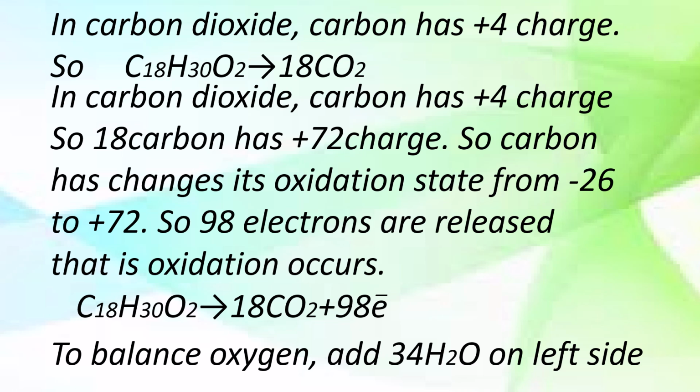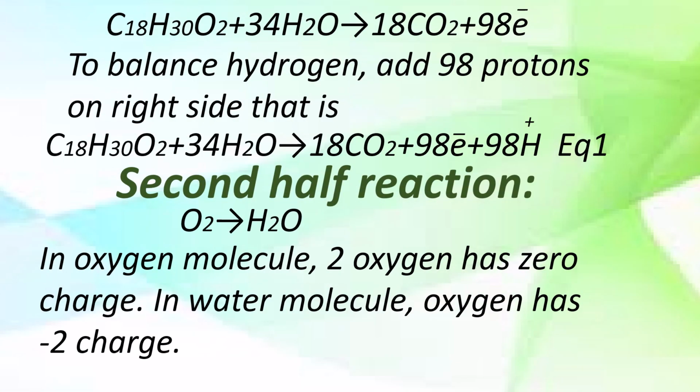So we will add 34 water molecules on left side to balance oxygen. So the equation becomes C18H30O2 plus 34H2O gives 18 carbon dioxide plus 98 electrons.